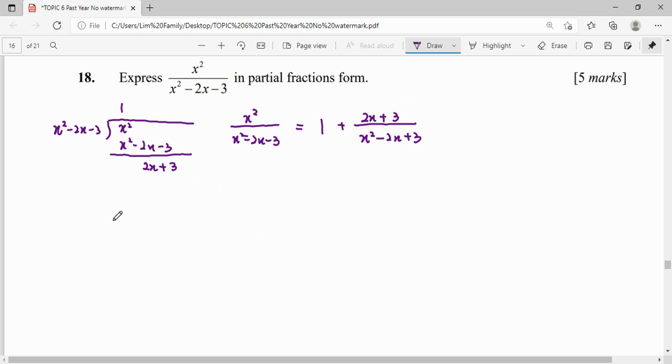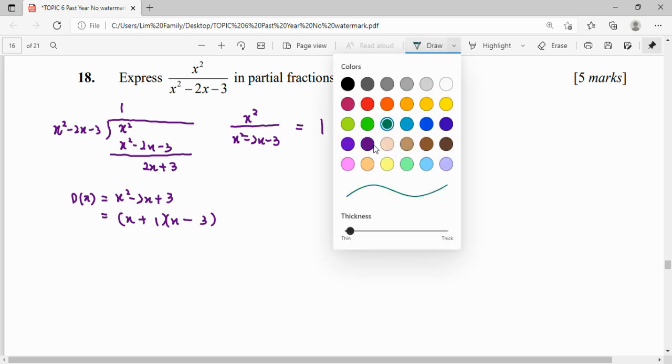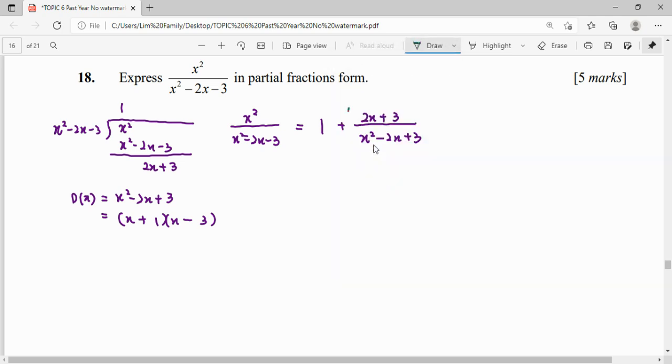In order to start our partial fractions, our denominator, the divisor, has to be in factor form. So this is our factor. We will start the partial fraction for our proper fraction, which is this part.